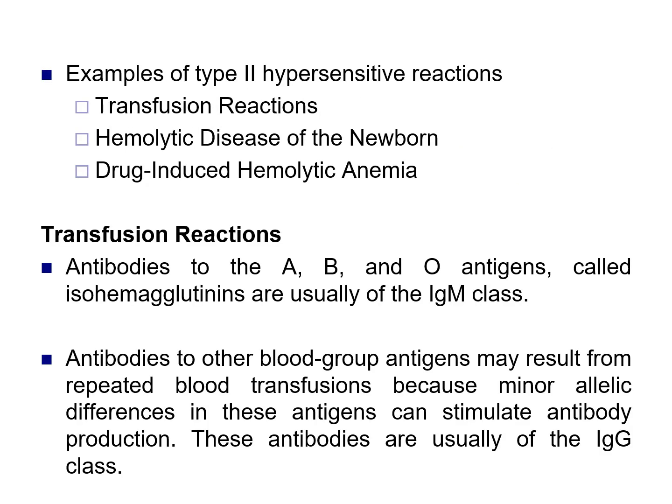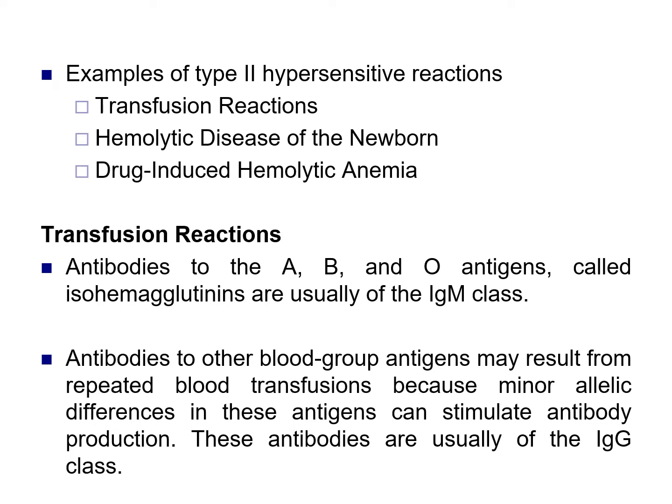Right, so some examples of type 2 hypersensitivity reactions are transfusion reactions, hemolytic disease of the newborn, and drug-induced hemolytic anemia. The first one, transfusion reaction, is when the person is given incompatible blood.